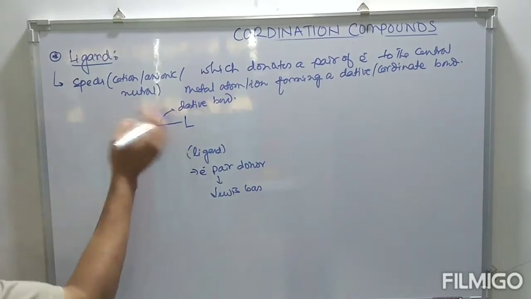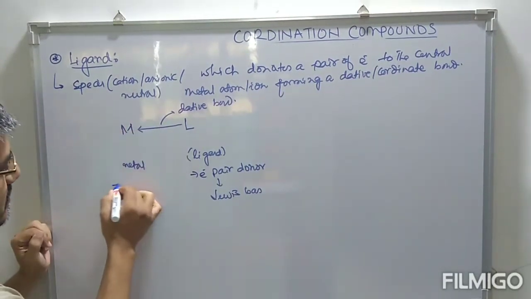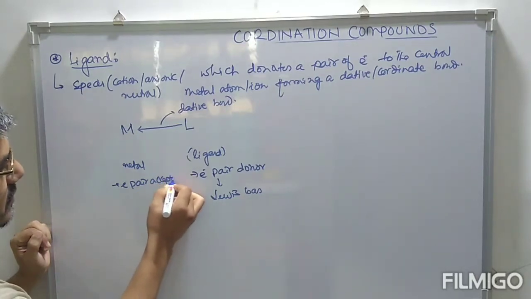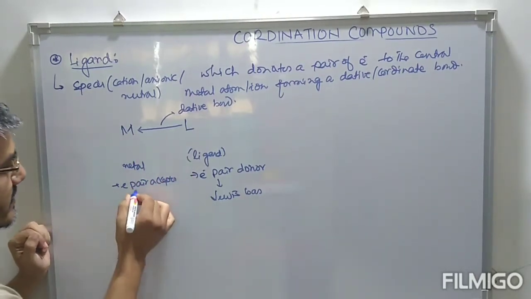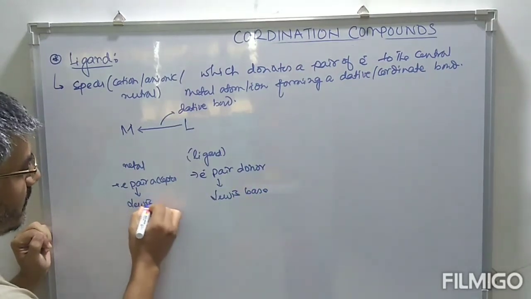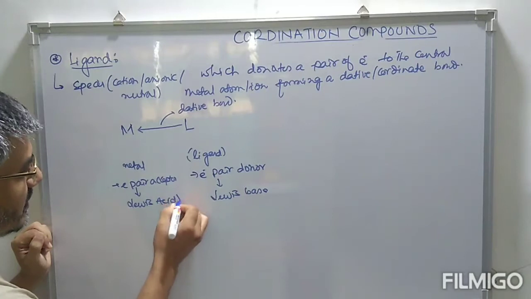Now the metal is accepting the electron pair, so it is an electron pair acceptor, a Lewis acid.